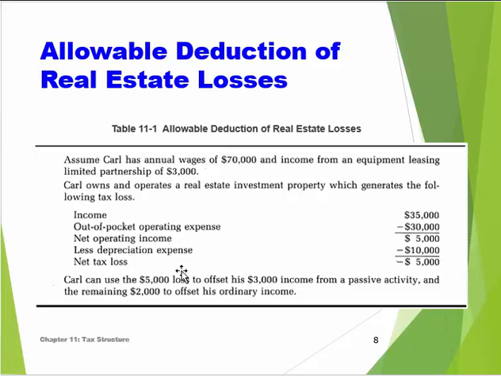So I can use this $5,000 to offset this $3,000 from passive activity, and then the remaining $2,000 left over can be moved forward to offset my ordinary income. Now, things change if I earn more than $100,000 in AGI, or if this total amount exceeds $25,000.